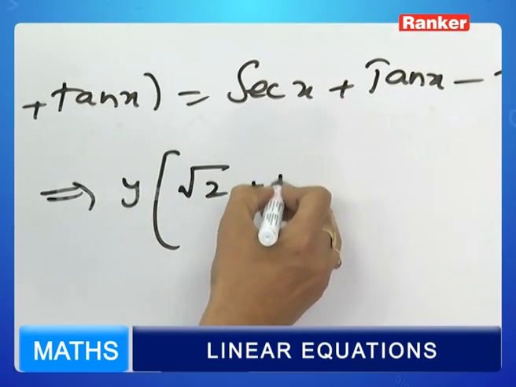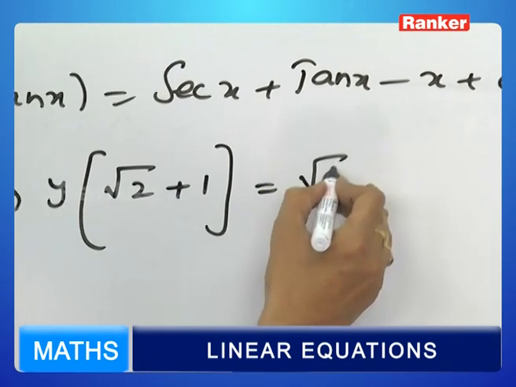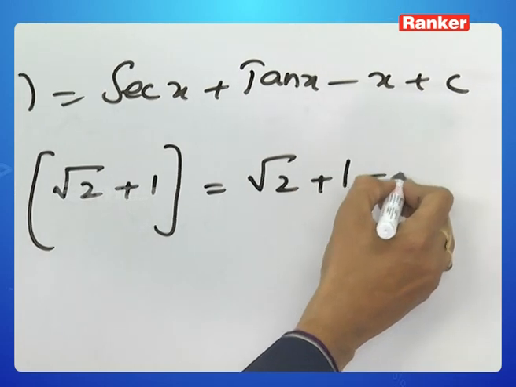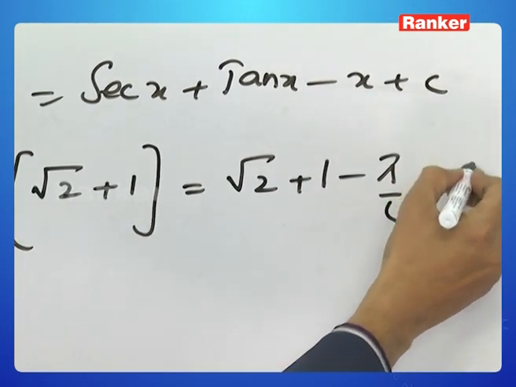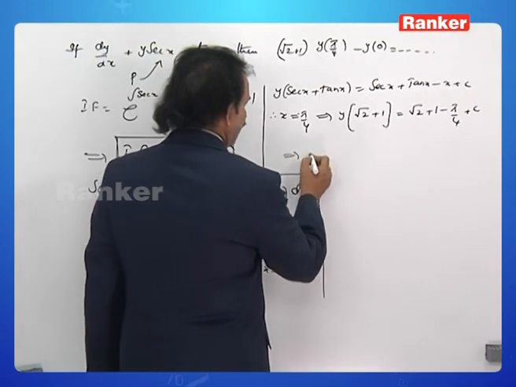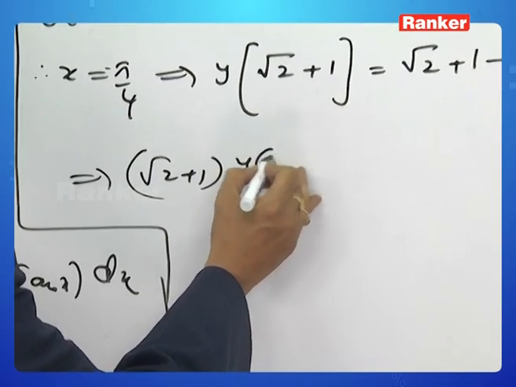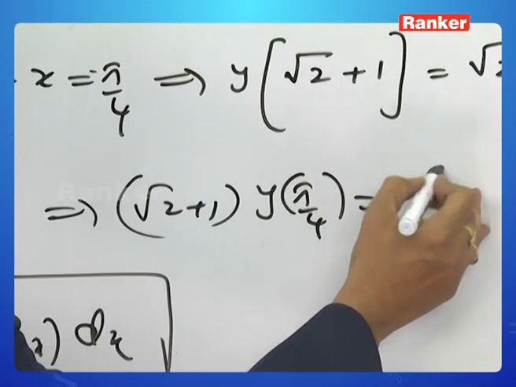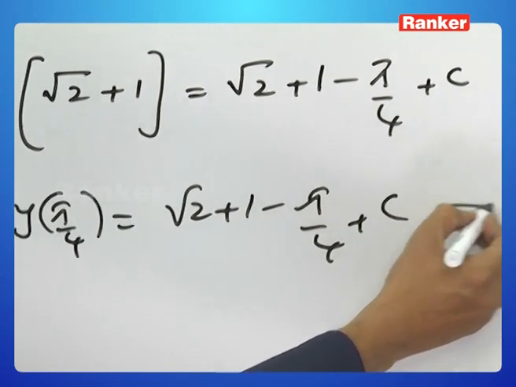Tan 45 is 1. So y into root 2 plus 1 is equal to root 2 plus 1 minus pi by 4 plus c. Therefore, root 2 plus 1 into y at pi by 4 is equal to root 2 plus 1 minus pi by 4 plus c. Call this equation 1.